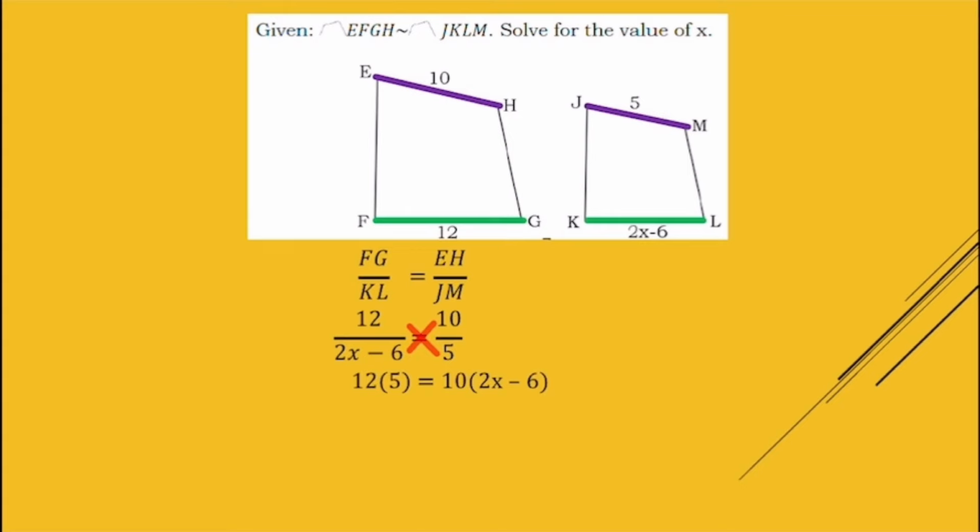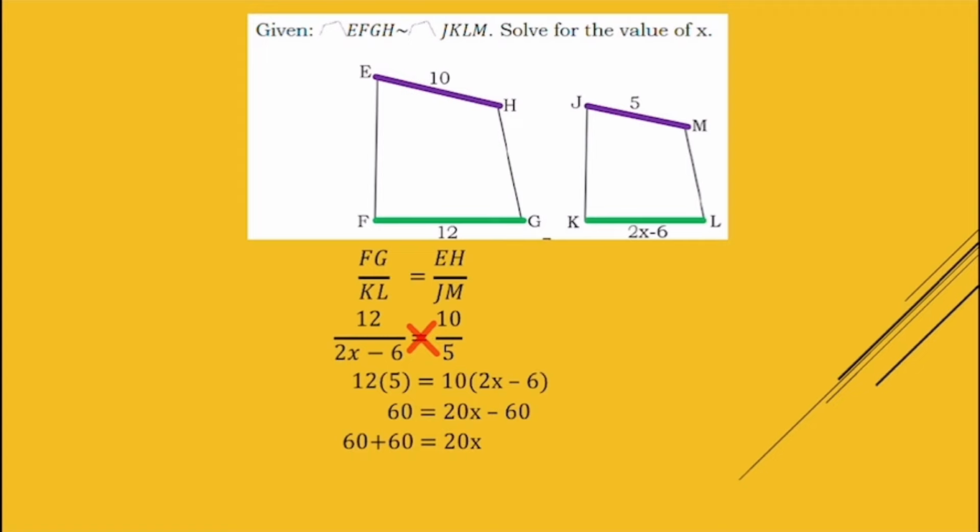So 12 times 5 is 60, and 10 times the quantity of 2x minus 6, we have 20x minus 60. So again, let's combine similar terms by transposing the negative 60 from the right side to the left side. So it will become positive 60. So it will become 60 plus 60 is equal to 20x.